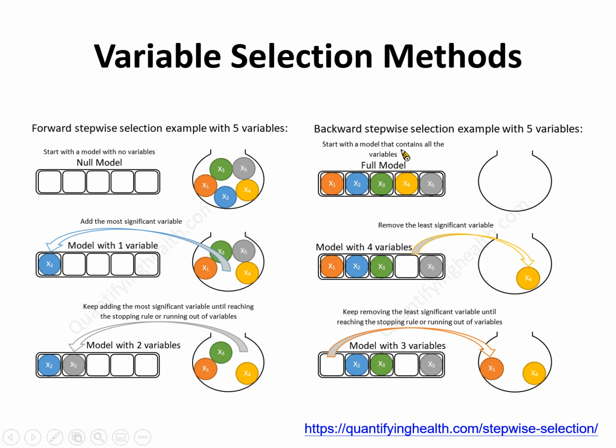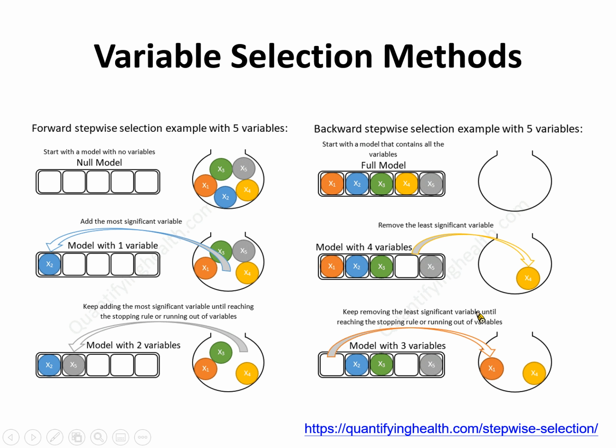And backward stepwise selection is just the opposite of forward selection. In the beginning, we have the full model with all variables. Then in the next step, we remove the least significant variable and evaluate the model. If this model is better than the previous one, we really remove it, to get rid of it.